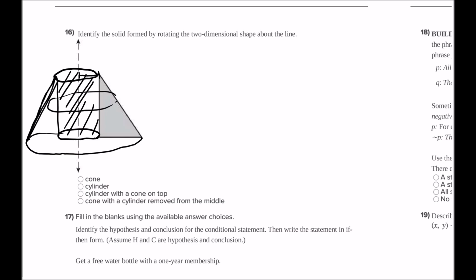It's called like a truncated cone. So it's kind of like a cone with a hole in the middle. It's not quite a cone and not quite a cylinder. It's a cone with a cylinder removed from the middle, basically. So it's going to be this answer.